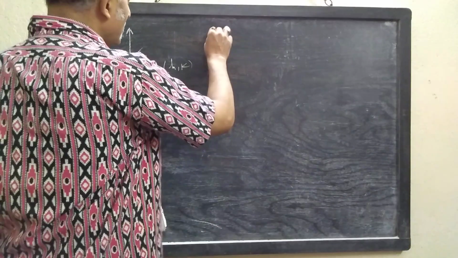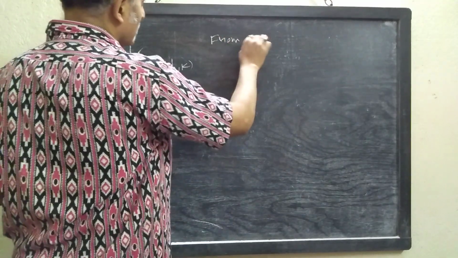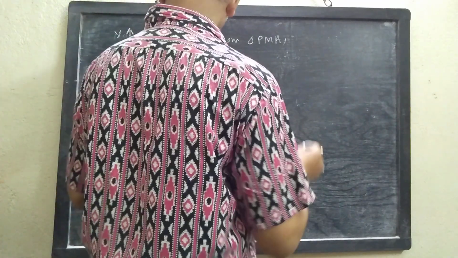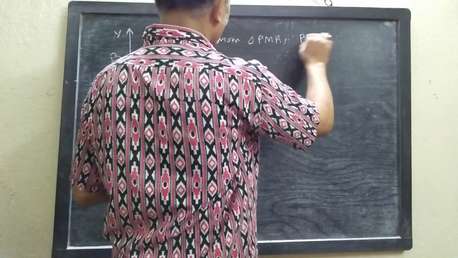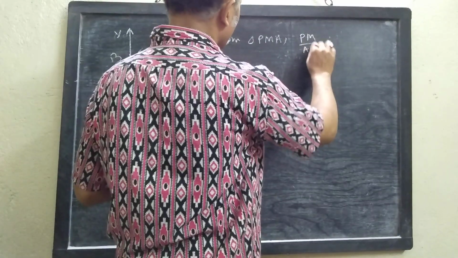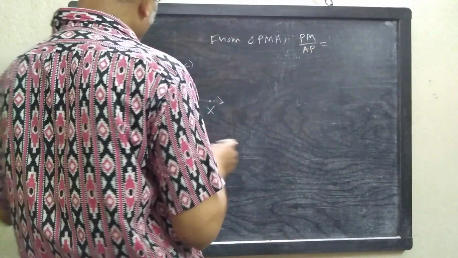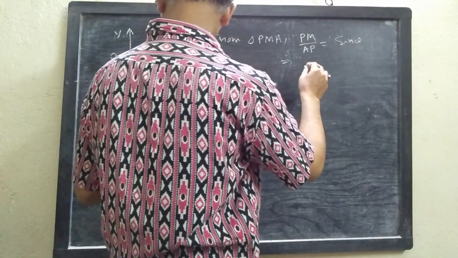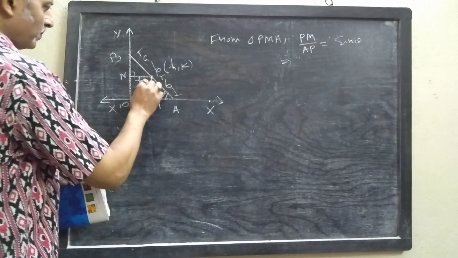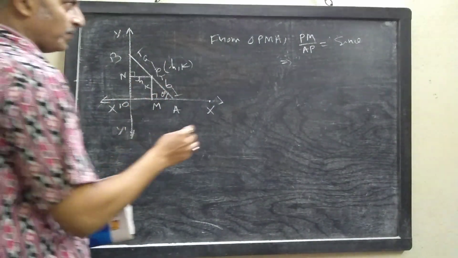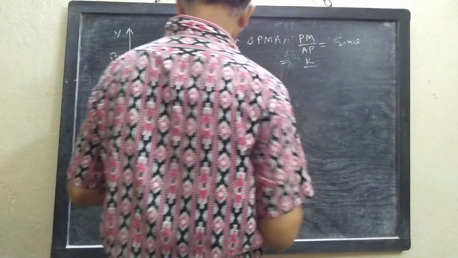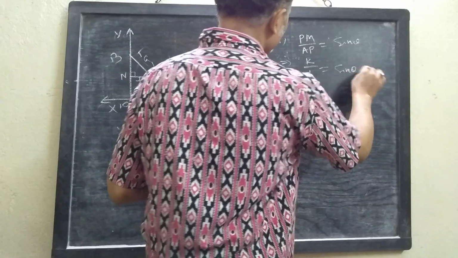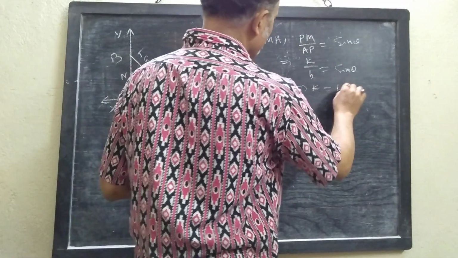Then from triangle PMA, we find PM by AP will be sin theta. That implies PM is k here, the ordinate of the point P. So k by AP, which is b, equals sin theta. So you will get k equals b sin theta.